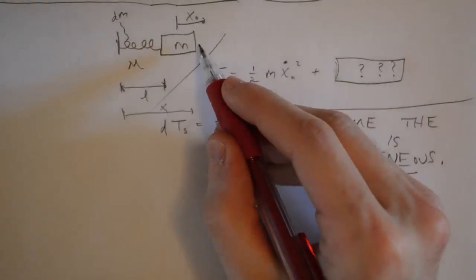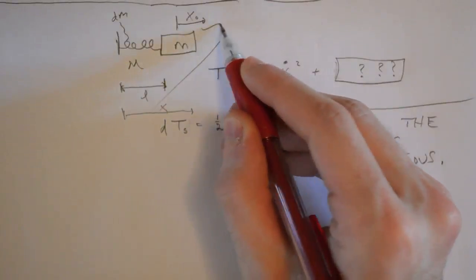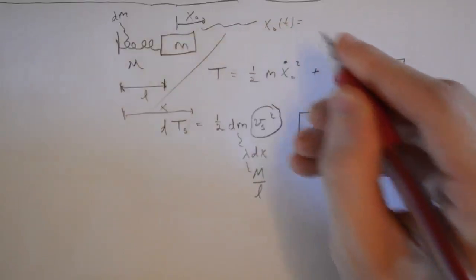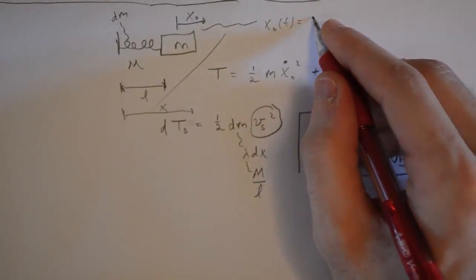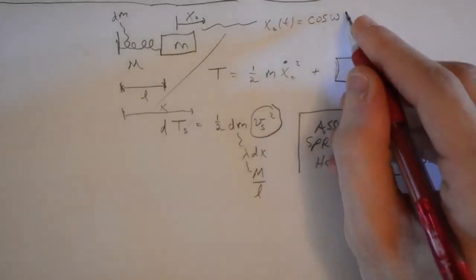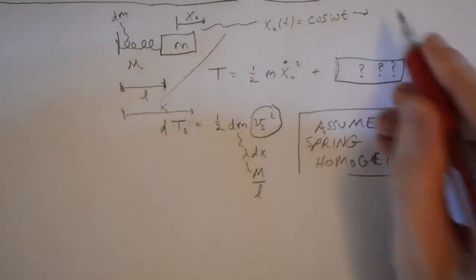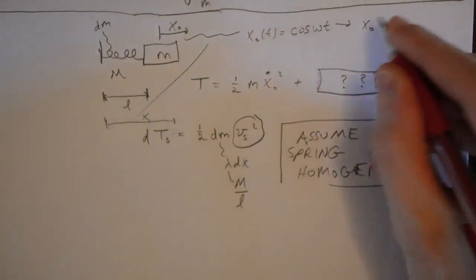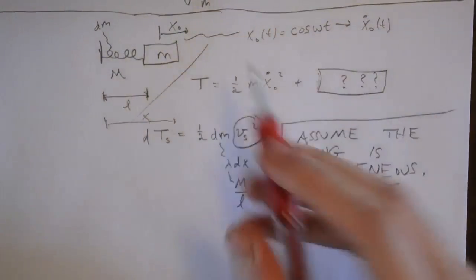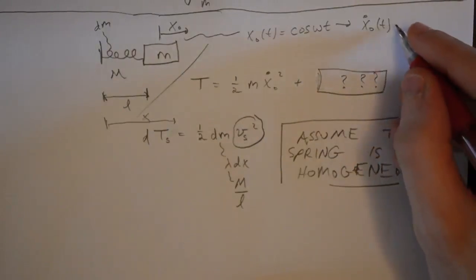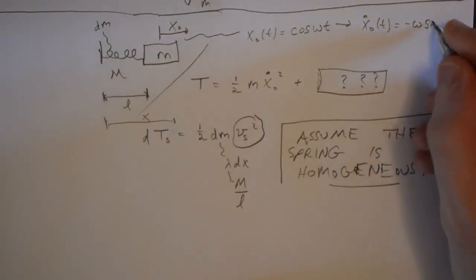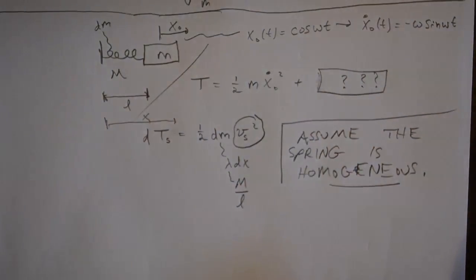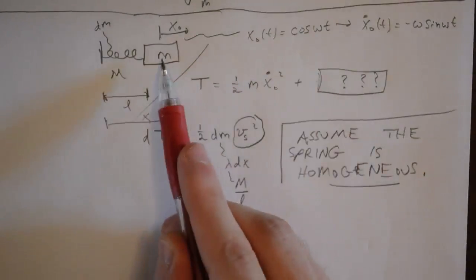So we know that this x naught as a function of time, x naught of t, is equal to, again, I'm just going to say it's equal to cosine of omega t, which means that x naught dot of t, that's the velocity of the mass at the end of the spring, is equal to negative omega sine omega t. Okay? So we know that this is the motion of the endpoint.